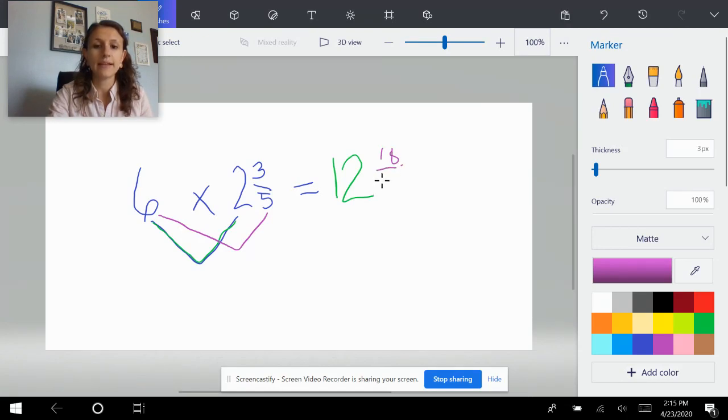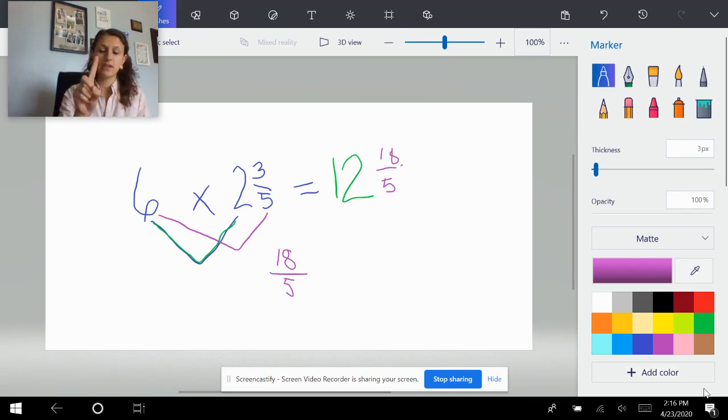Okay, now here's our little bit trickier part because I can tell that 18/5 is an improper fraction. So I need to go ahead and change 18/5 into a mixed number. Now I can tell that I'm going to get more than one whole out of this. So I need to skip count by 5 to try to find the closest multiple of 5 to 18 without going over.